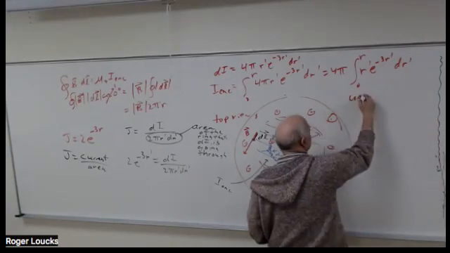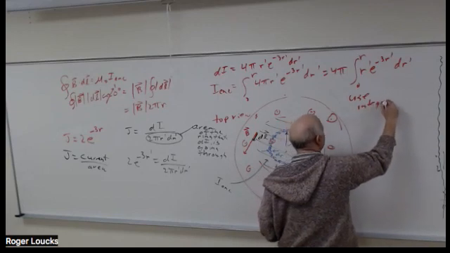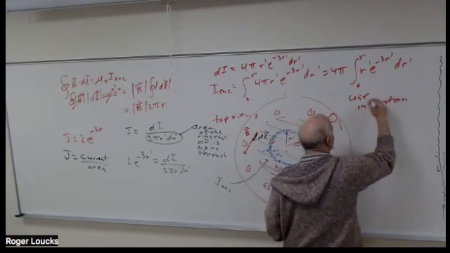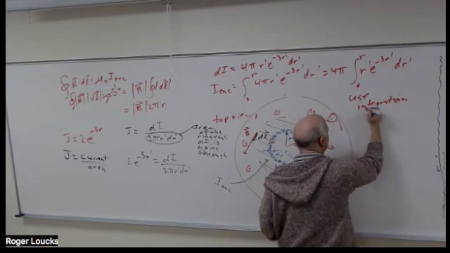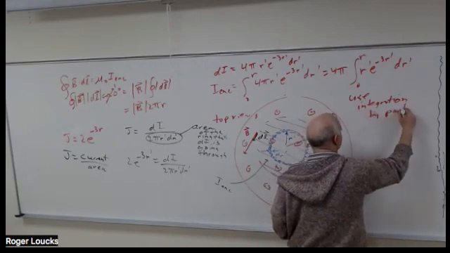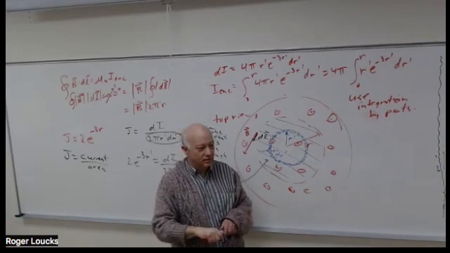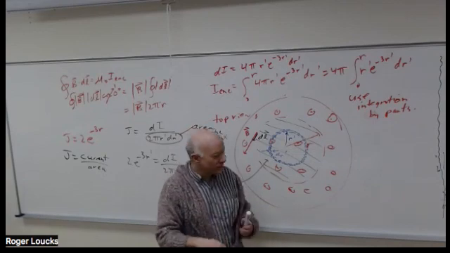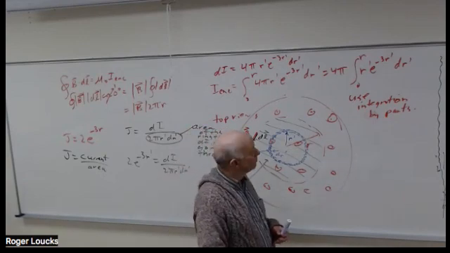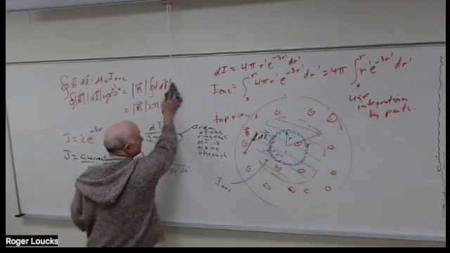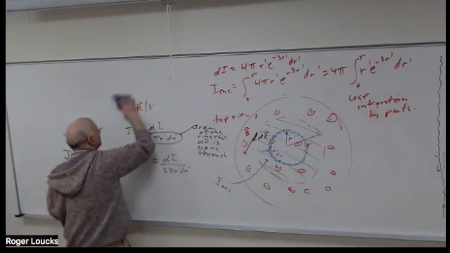So minus 1/3. Okay. So how do we do integration by parts? You set u equal to something. I agree, u equals r prime. Why not the other way?